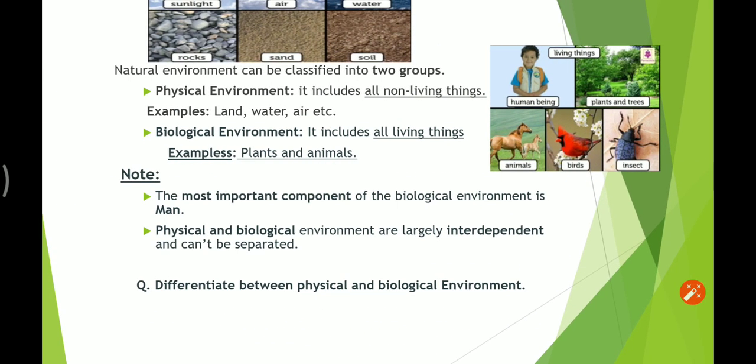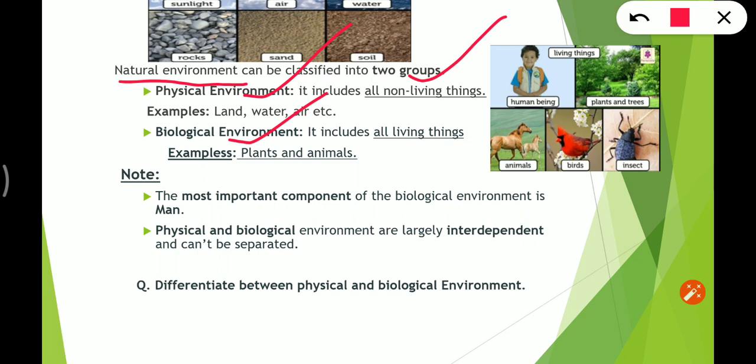Let's talk about the next one. Here, natural environment. In the previous slide we read about natural and man-made environment. Now natural environment can be classified into two groups: physical environment and biological environment. Physical environment includes non-living things: soil, water, sand, air, rocks, sunlight.